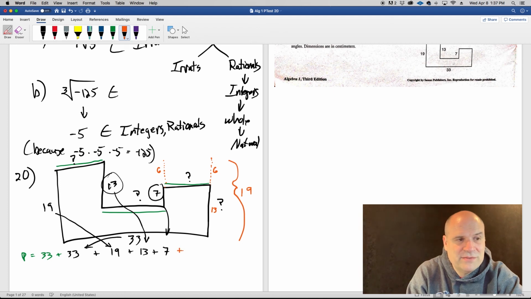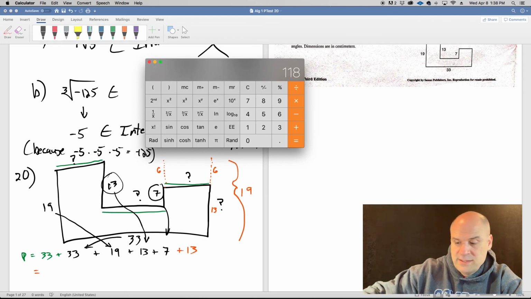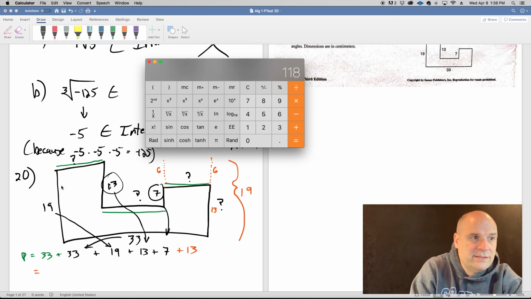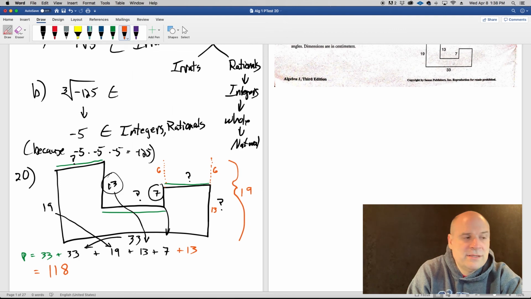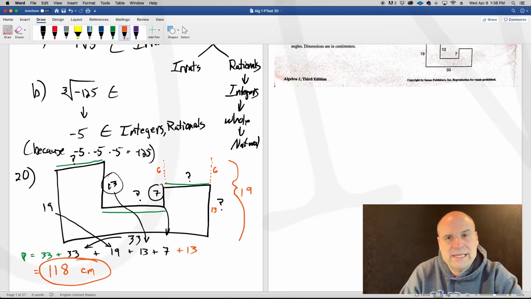That was fun. So we just need another 13. Add it together. What is that? 33 plus 33 plus 19 plus 13 plus 7 plus 13 equals 118. All right, and these are in centimeters. So 118 centimeters is your answer.